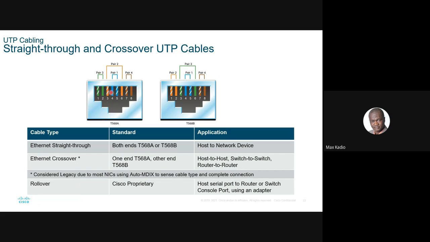So if in one hand it's white green, green, and the colors are the same at RJ45 A and RJ45 B, we say it's a straight through cable. So you see here, for example, you have white green, here it's something different.